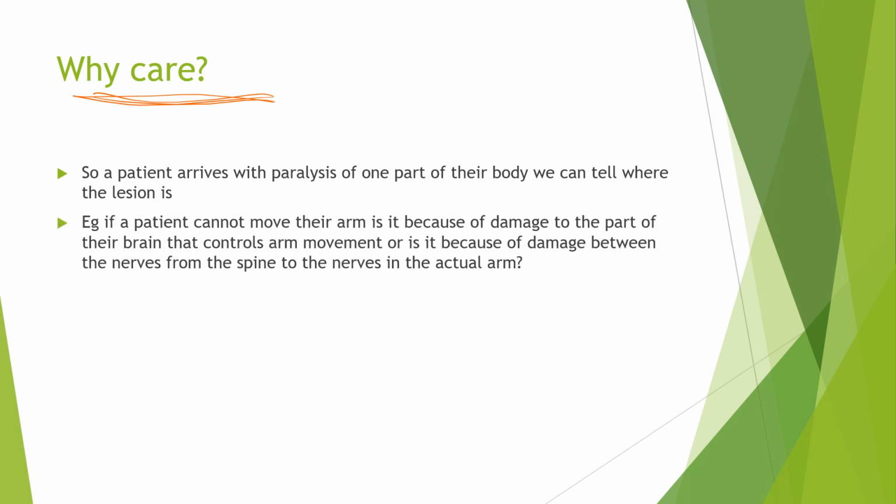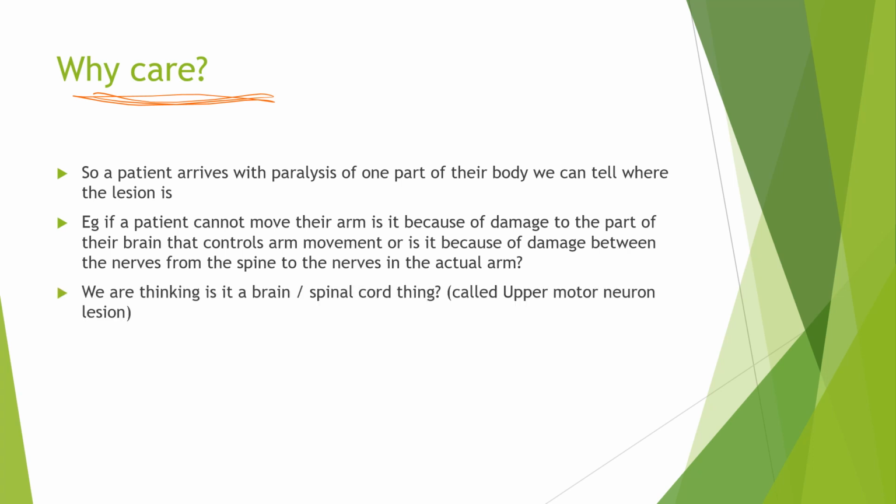For example, then, if this patient is paralysed in one part of the body, we don't know if it's damage to the part of their brain that controls the arm movement, or it's because of a damage between the nerves from the spine to the nerves in the actual arm that then caused this patient to have the inability to move it. We're thinking, is it a brain / spinal cord thing, which we call an upper motor neuron lesion?